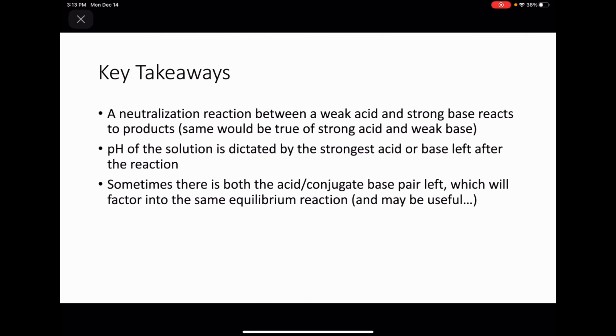The pH of the solution is dictated by whatever the strongest acid or base is left, and sometimes what's left is an acid conjugate base pair, or a base conjugate acid pair. It doesn't really matter. In that case, you have to do an equilibrium with both of them in order to figure out the pH. And you're going to find that that's going to be somewhat useful. So that's kind of foreshadowing for the future. So until next time.